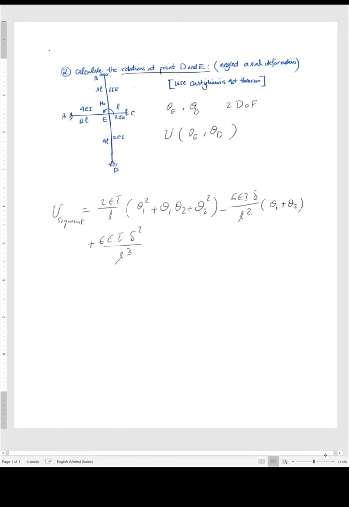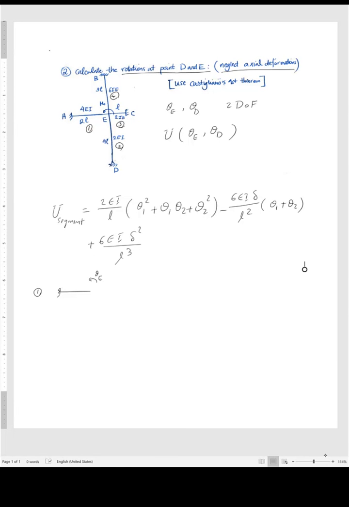So again, we bring the template equation and put it in front of us, and we proceed segment by segment, writing the energy terms. So the left one I call segment 1, segment 2, segment 3, and segment 4. So for segment 1, this is fixed, but this end has theta E, right? Now, since the question is saying that we should neglect axial deformations, right?